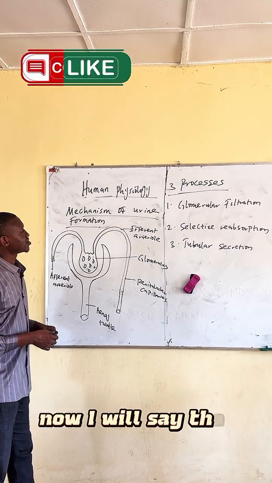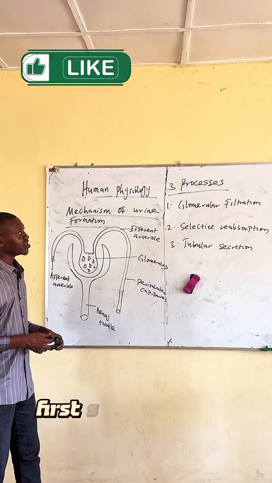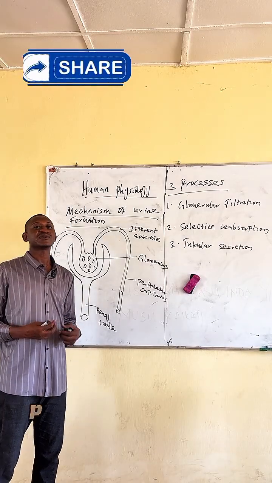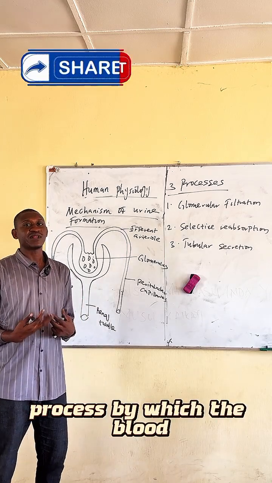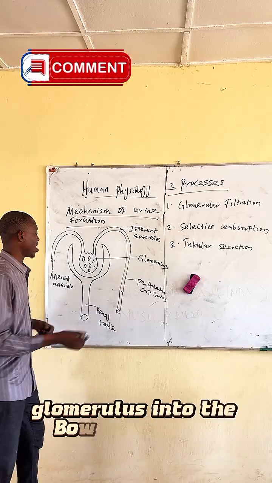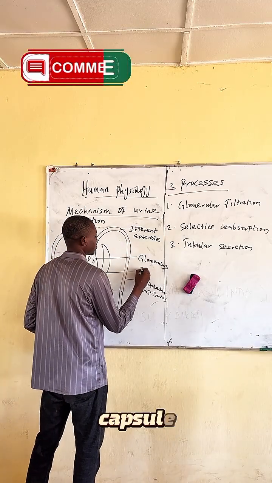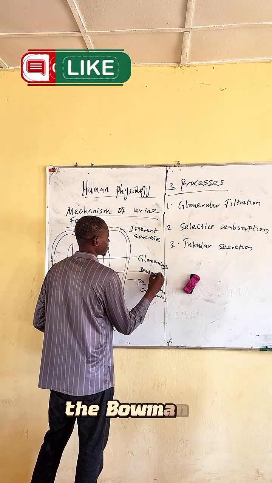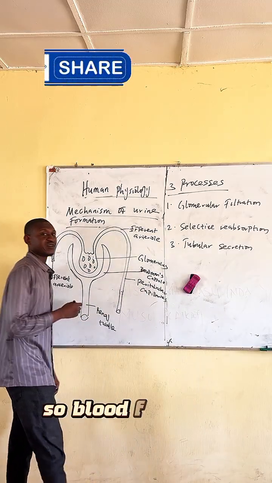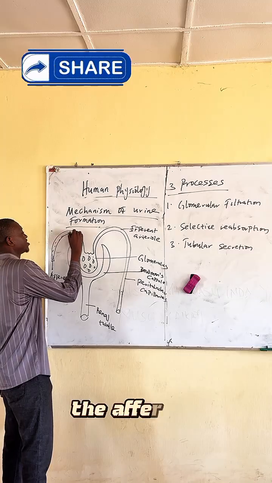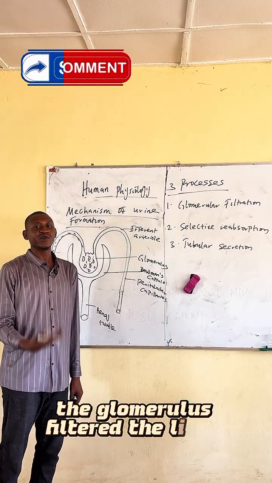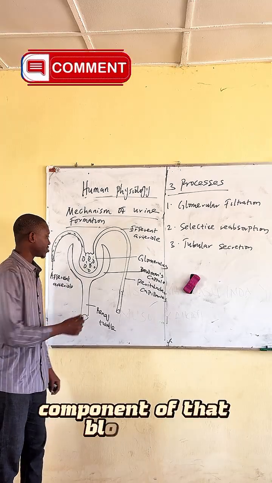Now, having said that, let's quickly look at the first stage of urine formation, which is glomerular filtration. Glomerular filtration is the process by which the blood plasma is filtered by the glomerulus into the Bowman's capsule. So this is the Bowman's capsule. So blood from the heart, when it is carried by the afferent arteriole into the glomerulus, filters the liquid component of that blood into the what?